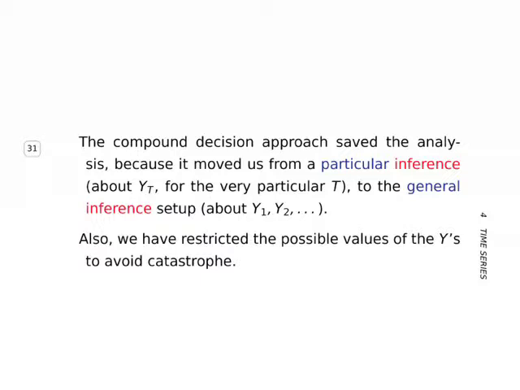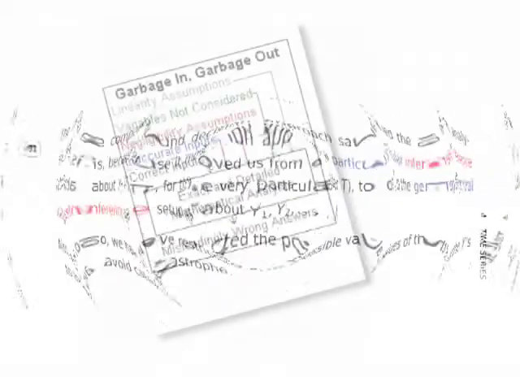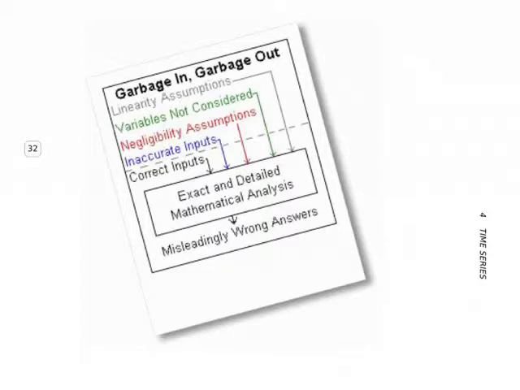And the compound decision approach saved the analysis because it moved us from a particular inference about y capital T, for the very particular capital T, to a general inference about the whole sequence. And as I said before, I avoided the catastrophes. If catastrophes can happen, this whole process will not work, because everything will depend on one particular predictor, which will be very bad.